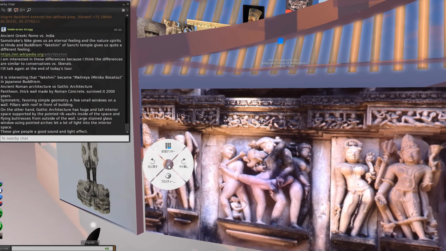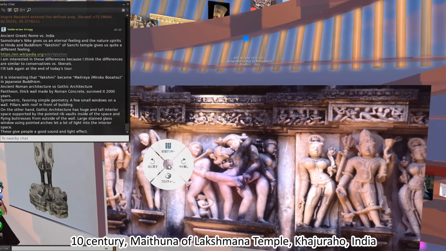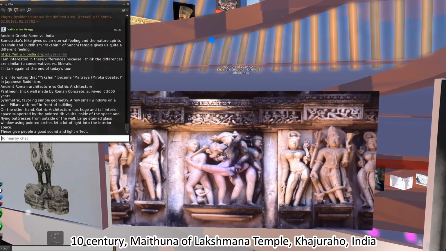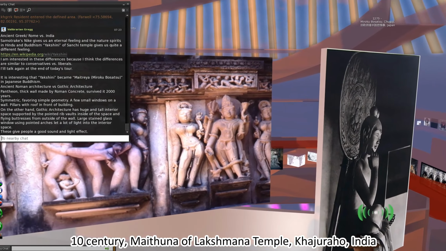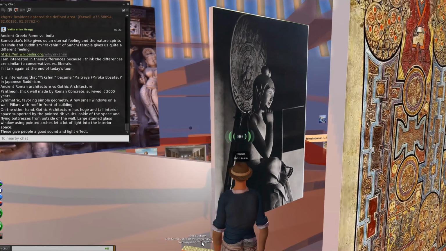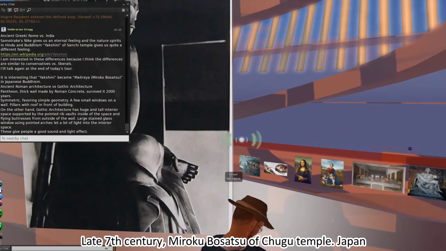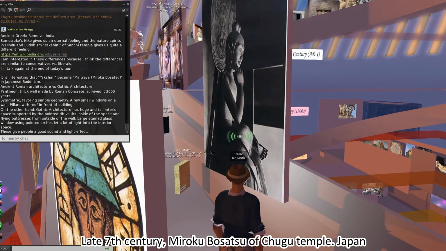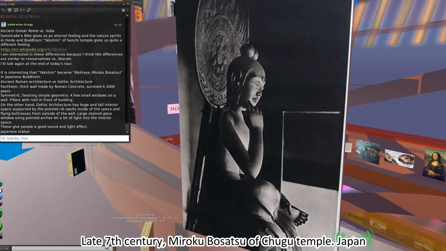This is a Hindu temple. A lot of variety and dynamics. But next is a Japanese statue, Maitreya. In Japanese, Miroku Bosatsu. It's very quiet and calm.